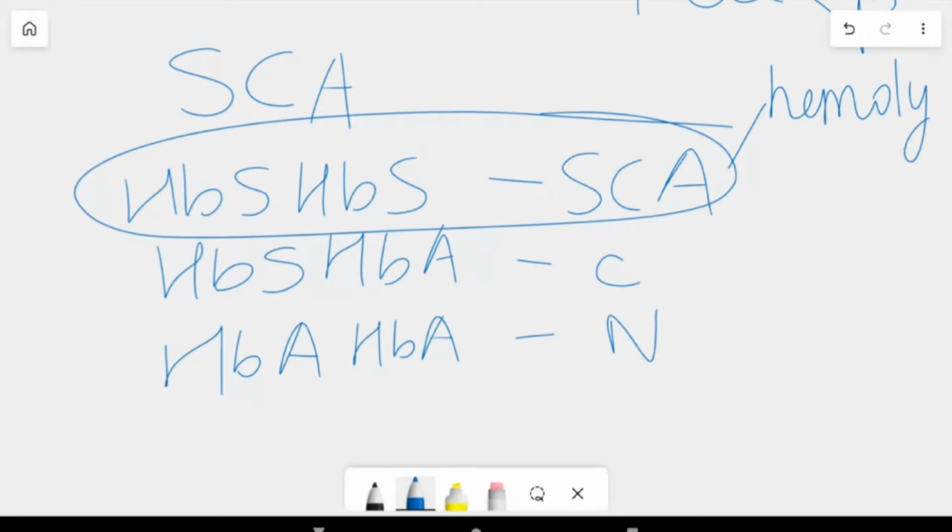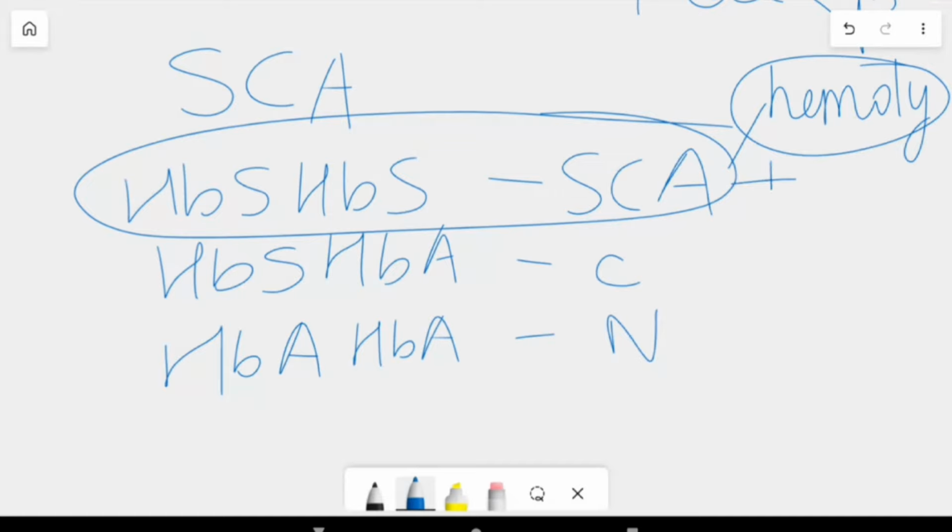We know normally RBCs are supposed to be biconcave in shape, but there is sickling, which causes an abnormal shape of the RBCs. Since RBCs have turned abnormal, our body starts destroying them, which is basically hemolysis, destruction of red blood cells. And since there is deficiency of RBCs, it results in anemia. Hence the condition causes hemolytic anemia.